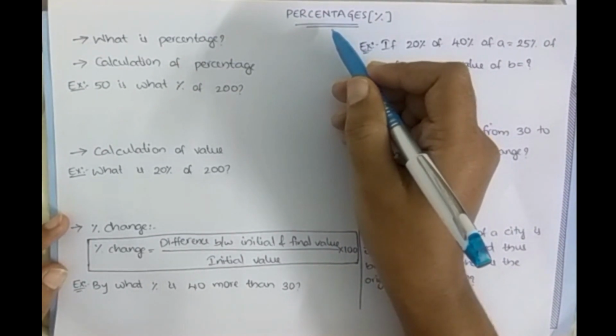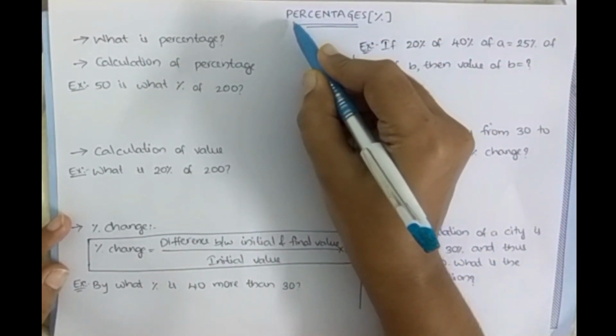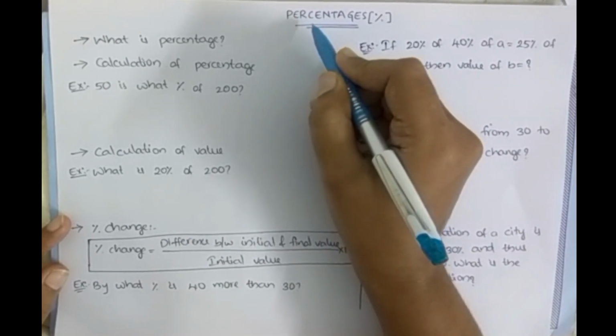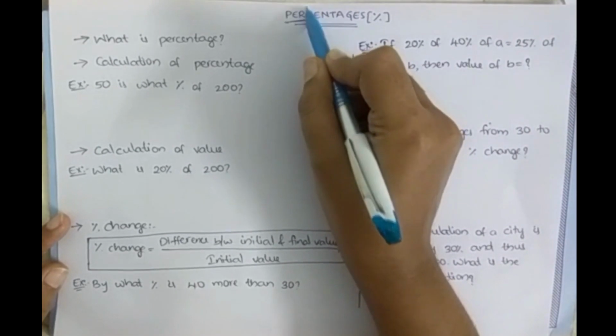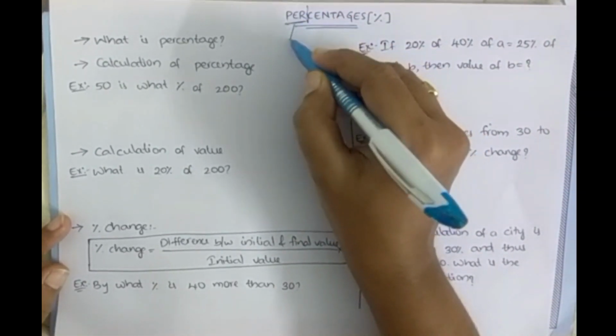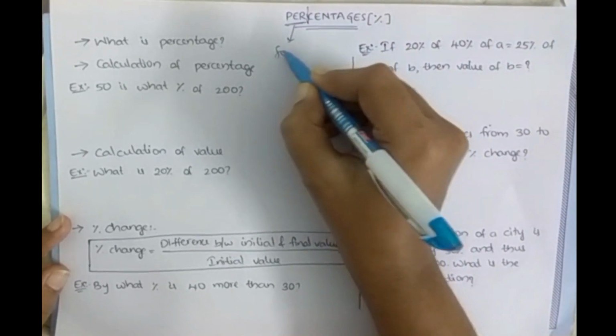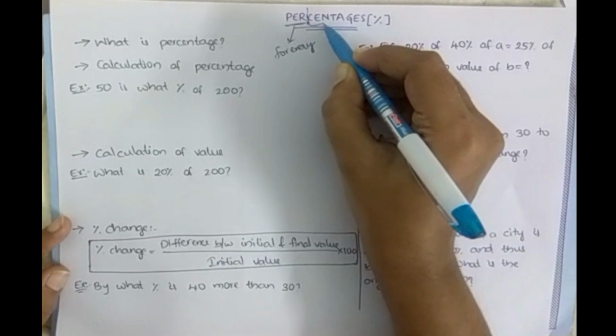The basic meaning of percentage is, when you clearly observe the name percentage, you can see here "per cent". If you divide it into two parts, per and cent. Per means for every, and cent comes from century.